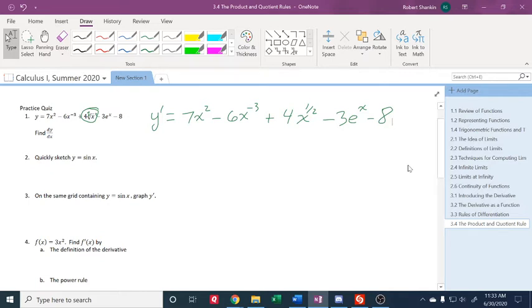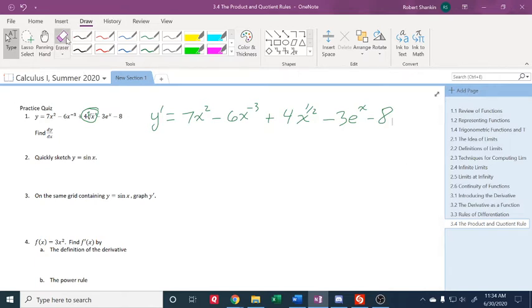Is it the negative 3e to the x? So it's not that. Let me give you a hint. It's not on the right-hand side of the equation. Oh, the y prime? That's correct.